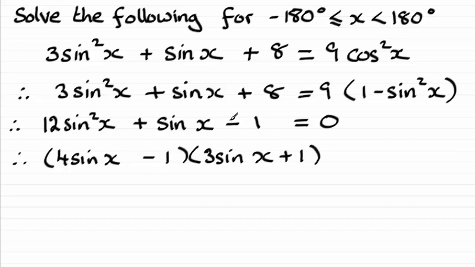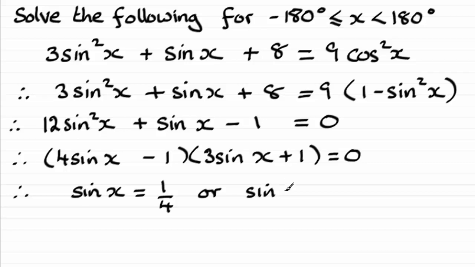Minus 1 times the 1 is the minus 1, and you can see you're going to get 4 sine x minus 3 sine x, which is the plus sine x, and this equals 0. So that means that each of these two factors would equal 0. If 4 sine x minus 1 equals 0, rearranging for sine x, you'd get sine x equals 1/4. And if 3 sine x plus 1 equals 0, you'd get sine x equals minus 1/3.